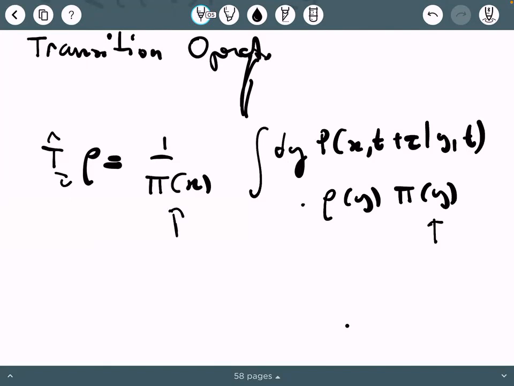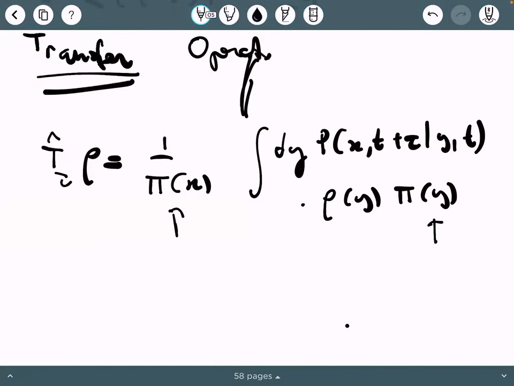While the propagating operator is a very natural object, because it's basically the time evolution operator of my dynamics, the transfer operator, sorry, not the transition operator, the transfer operator defined by this equation, looks like a pretty artificial object. I guess we would all agree: why should I ever be interested in such an object?